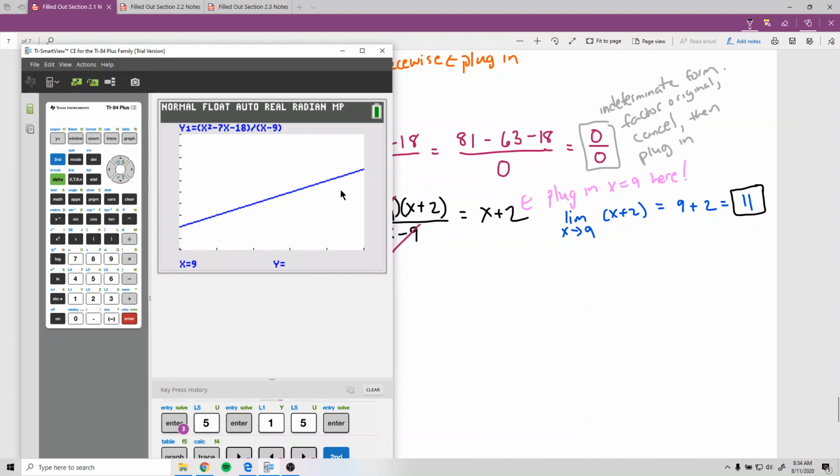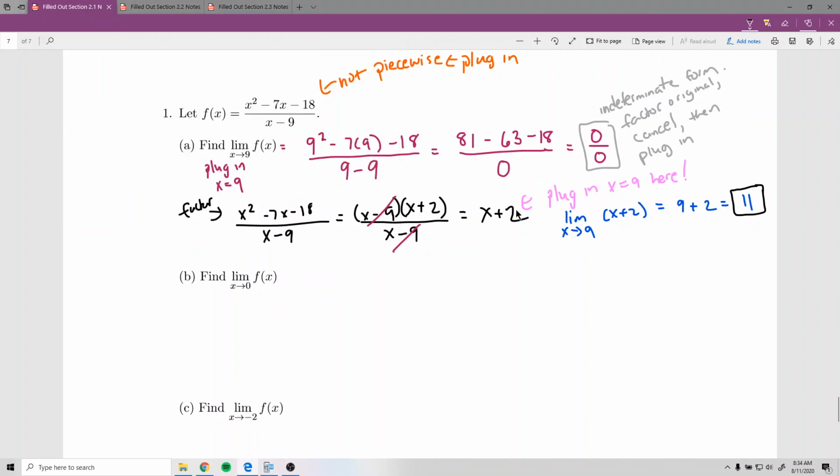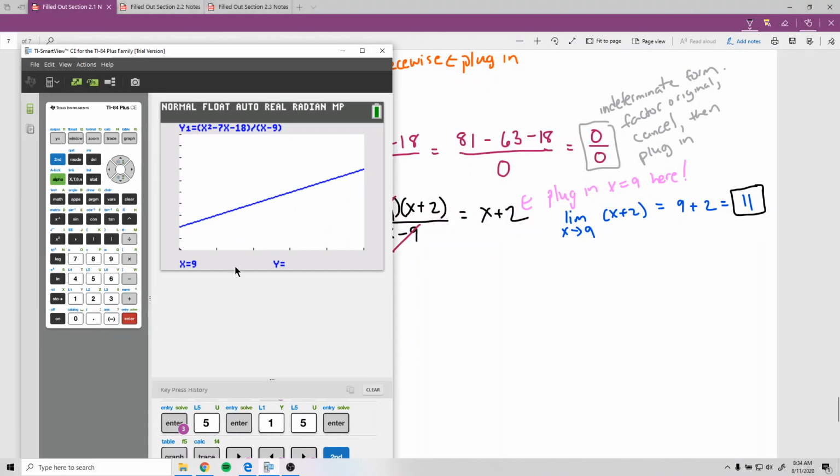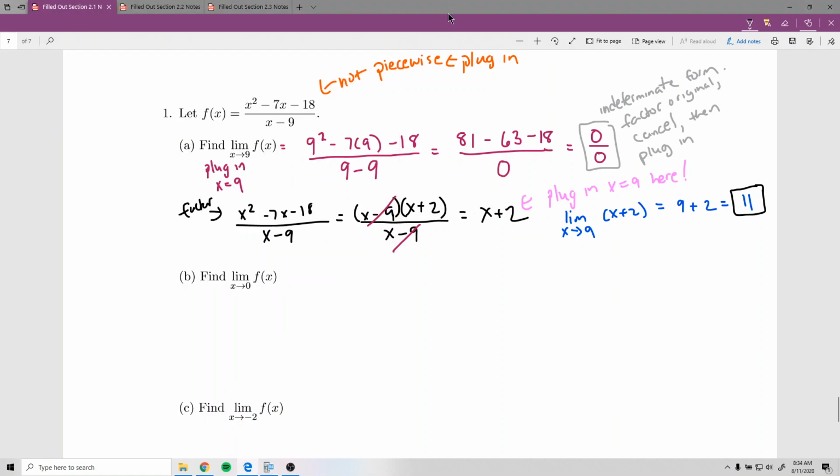But there's still the limit. Right, so just something to be aware of. You can graph them to see the picture, but you might be missing stuff. If you just graph this, you're missing the hole, and that hole might be important to our problem.